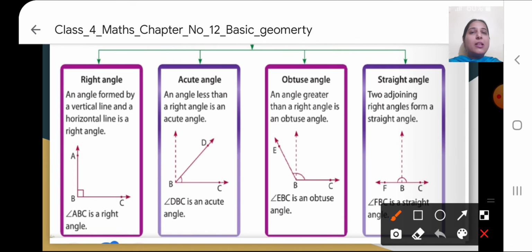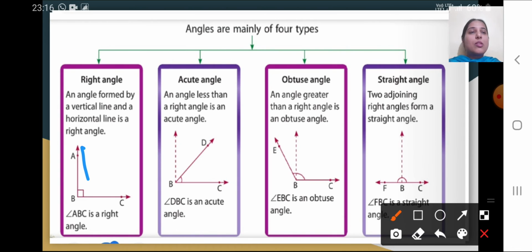Here you can see this is the vertical line and this is the horizontal line, and the angle formed will be called angle ABC, or you can also name it as angle CBA. The vertex should come in the middle. So it is a right angle which is formed by a vertical line and a horizontal line.